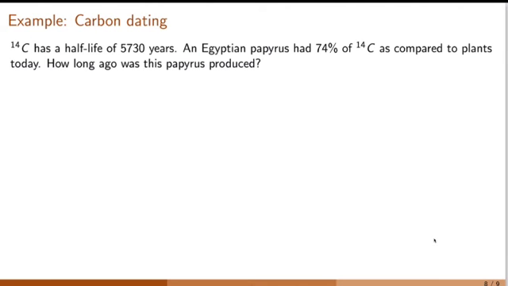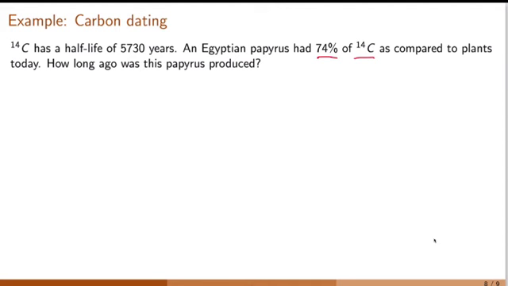Let's use this in a very important example of carbon dating. Carbon dating is used to identify ancient objects and see how old they are. So for example, here we have a papyrus in Egypt, and it has 74% of its carbon-14 content as compared to plants today.